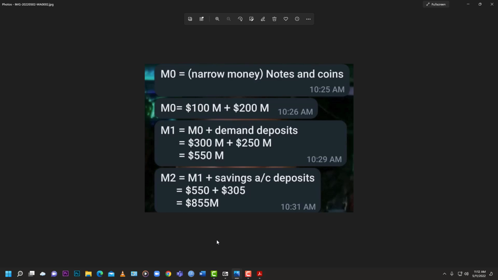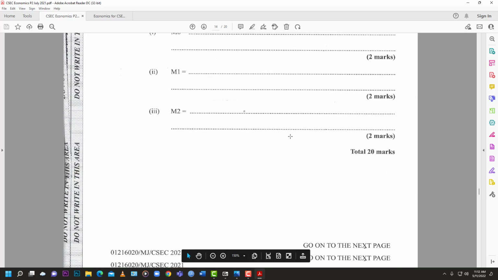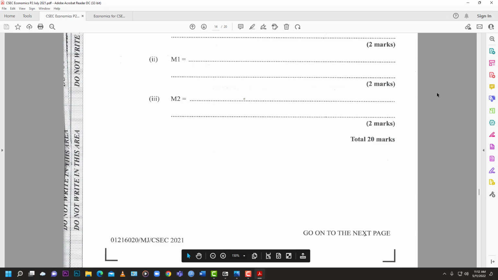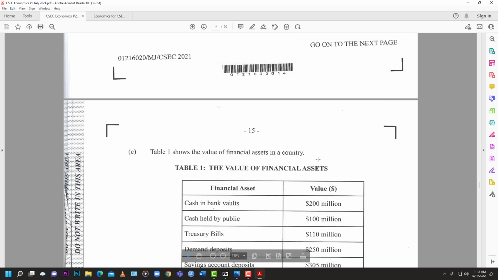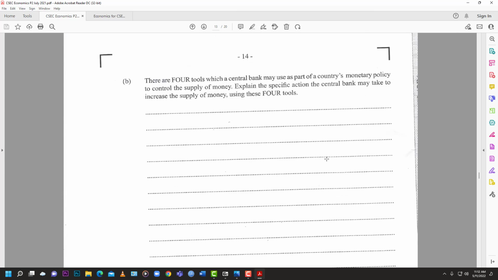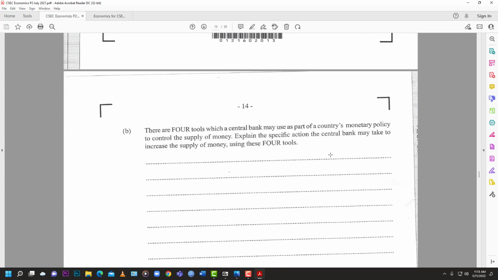So that's what the answers are for that particular question, M0, M1, and M2. And just like that, we would have completed that question. 2 marks each. 20 marks for number 4 for the May-June or June-July, whichever one you want to call it, 2021 Econ exam.